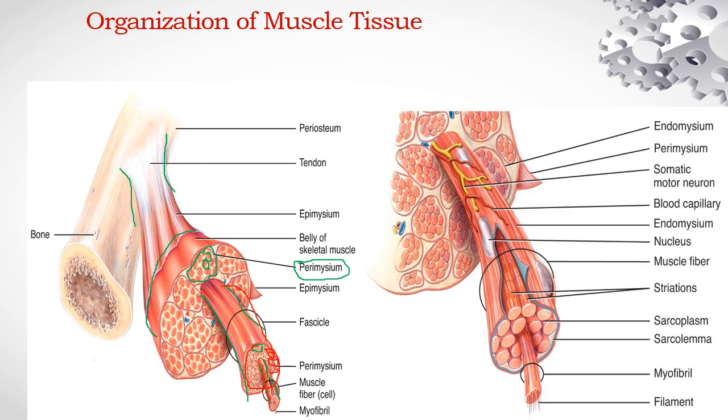So here we have the muscle fiber projecting outward like that, and it is covered by a connective tissue known as the endomysium. Okay, then this muscle fiber here is a group of myofilaments known as the myofibril there. Okay, so these are the myofilaments. It is composed of myofilaments such as actin and myosin.